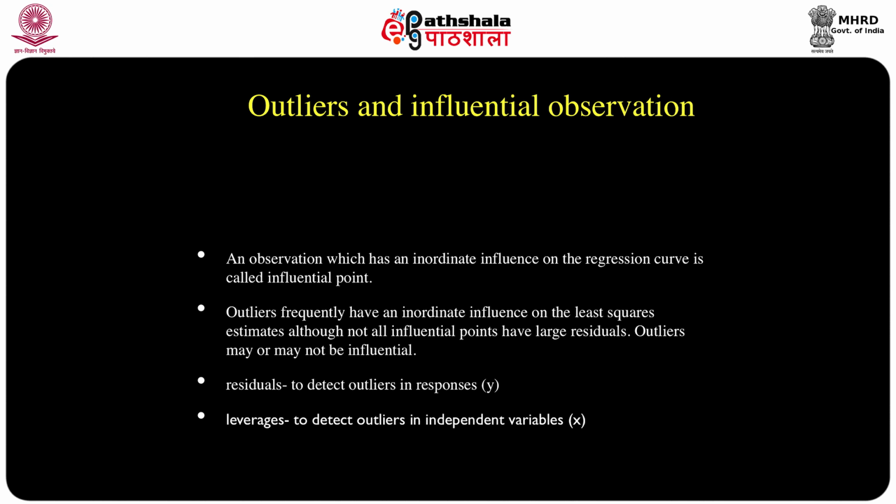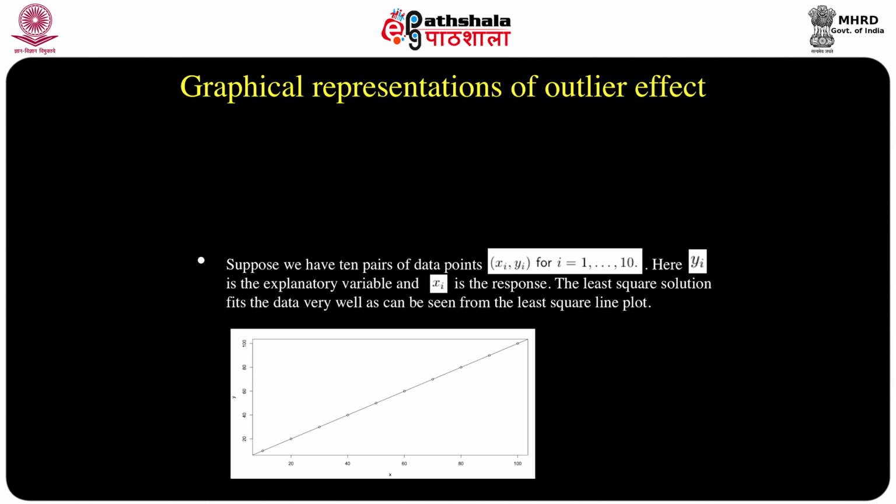Whether an outlier is influential or not is a matter that we would like to test. Residuals are used to detect outliers in responses y, and leverages are used to detect outliers in the independent variables x.